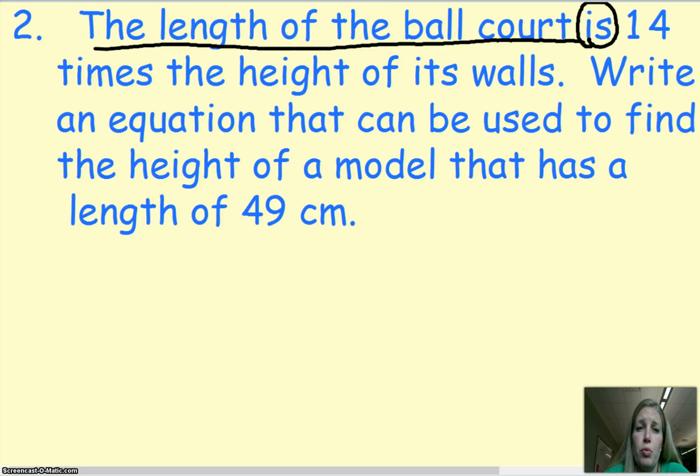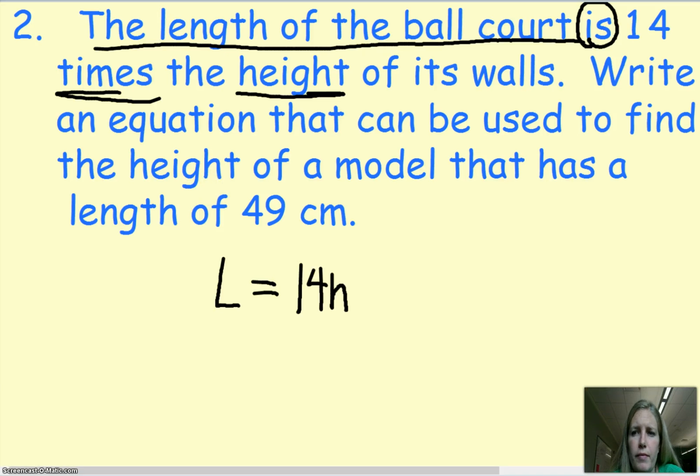Okay, so they didn't give us any information yet in this sentence about length. So I'm going to say L equals, the length equals 14 times, okay, 14 times, that means multiplication, 14 times the height of its walls. Okay, we don't know anything about h yet, so I'm just going to keep 14 times h, and in math, when we write times h, I just put it right next to each other.